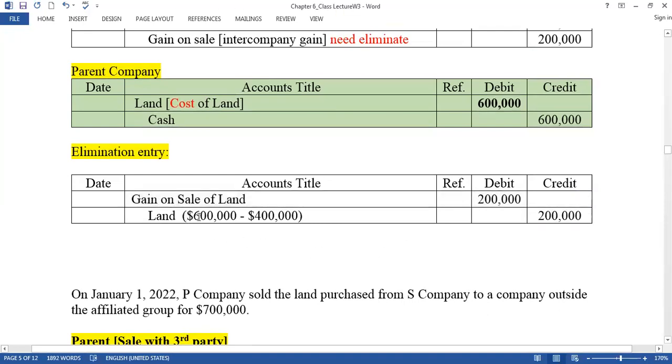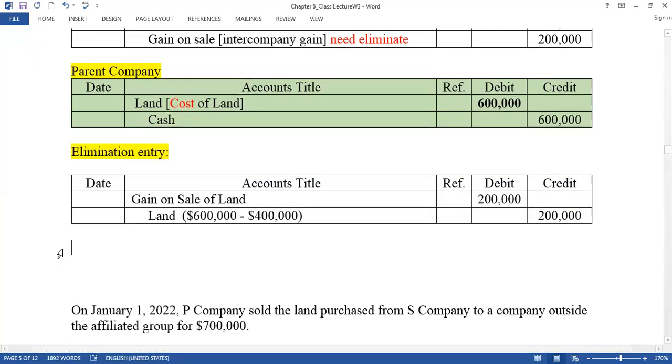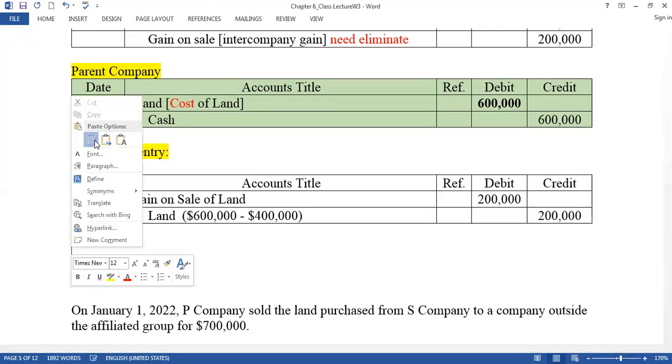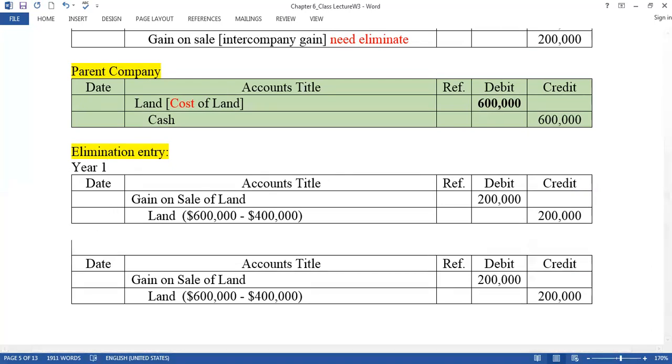And land credit. And we have another elimination entry, if you remember our previous class. If it is the cost method, this is year 1 and year 2.